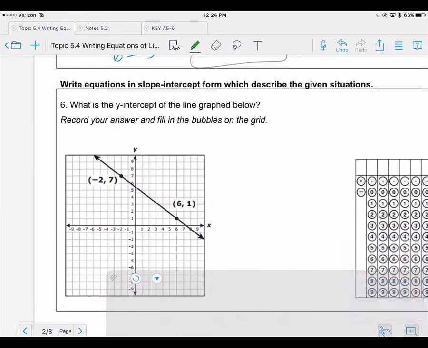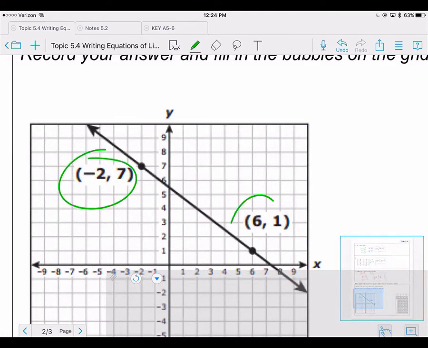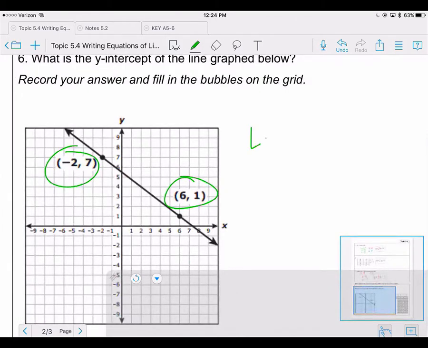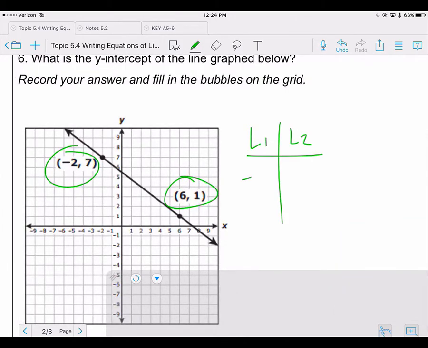Problem 6 asked me to find the y-intercept of the line graph below. Fill my answer in the bubbles on the grid. So I'm going to take these 2 points and put them in stat edit. So negative 2, 7, 6, 1.